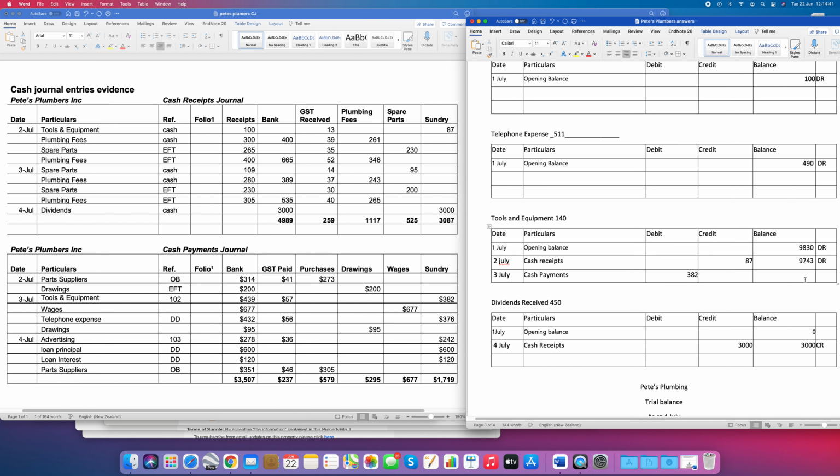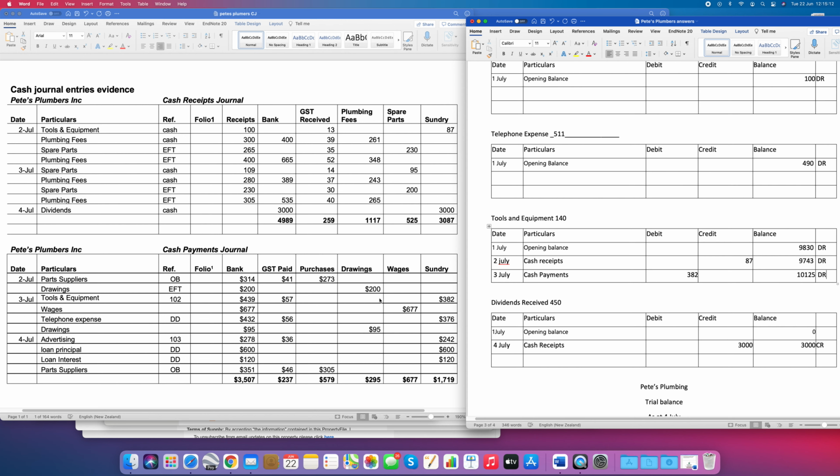So we've got 9,743 plus 382. That will give us a new tools and equipment balance of $10,125. And that will be a debit balance as well, because we've just kept adding to the amount of tools that they've got. Tools are an asset. We've given them an account number that starts with a 1.